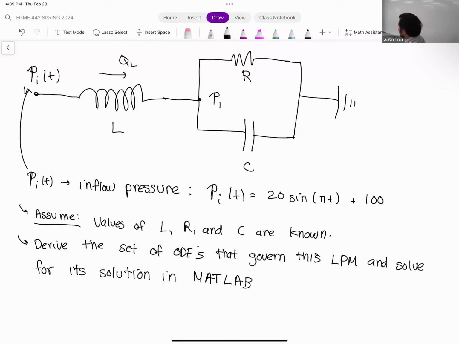All right, so we're going to follow the same methodology that we did last time, except we have the inductor here, so that's going to make things a bit more complicated. The fact that we have one inductor and one capacitor means that we're going to have two differential equations that we can solve for simultaneously.